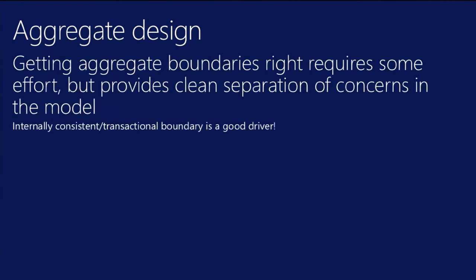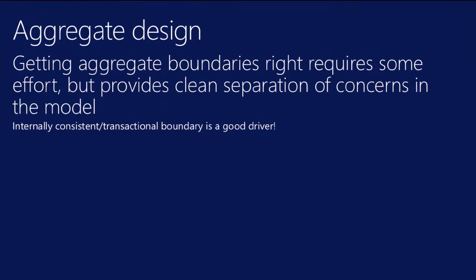Now, aggregate design is not something that is easy. It's very difficult to get it right. But while it requires some effort, when you succeed in it, you get very clean separation of concerns in the model, which is great. And we found that the property of an aggregate that it should be internally consistent is actually a good driver for getting your aggregate design right.